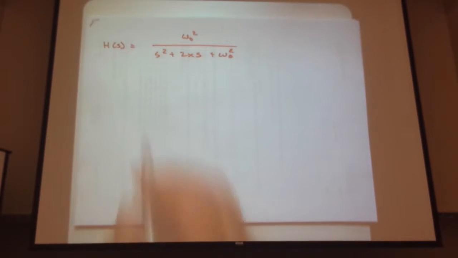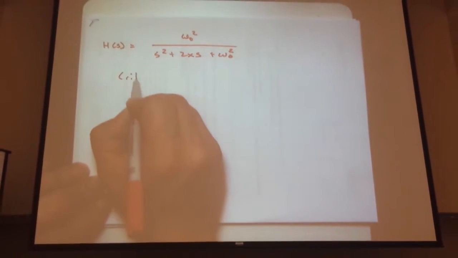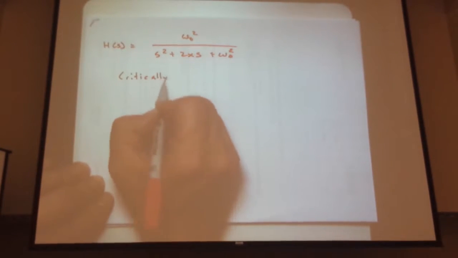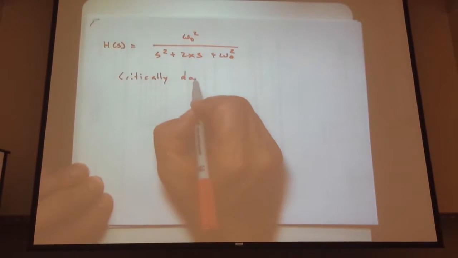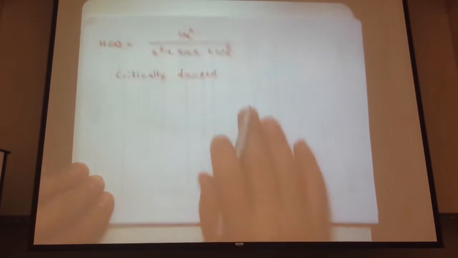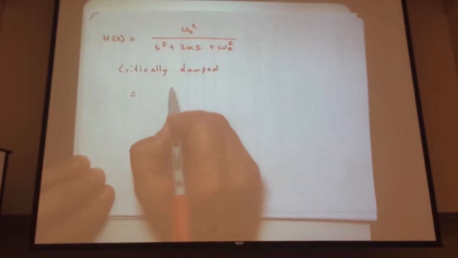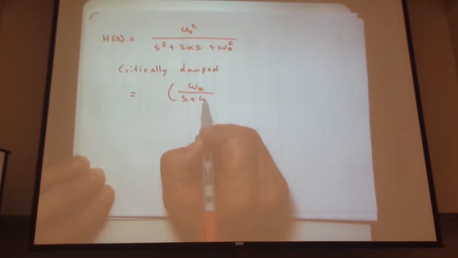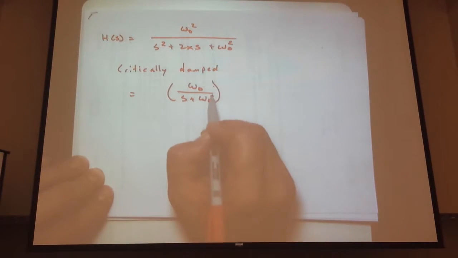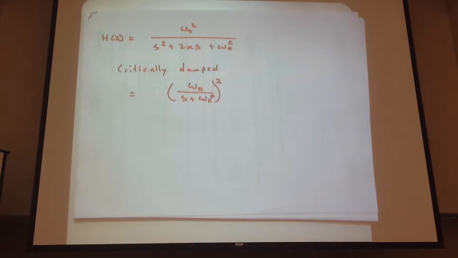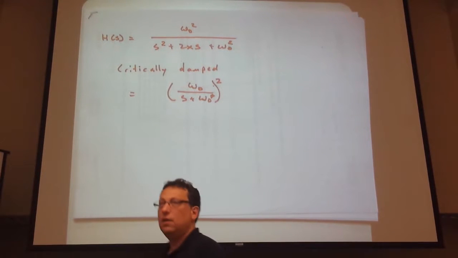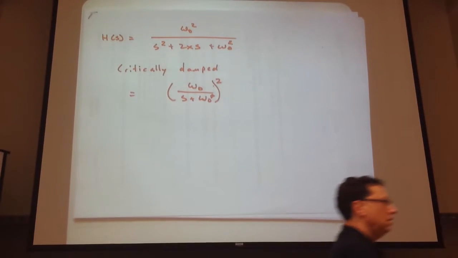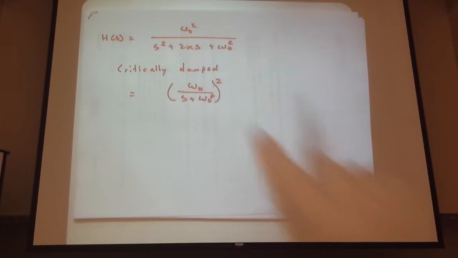And if we look at the critically damped case, just for reference, because it is a nice reference for us, critically damped being the border between overdamped and underdamped, well, this winds up being omega naught over S plus omega naught, squared. Technically, that's what critically damped is, because alpha equals omega naught, and so we can factor that out and just write this as the square.